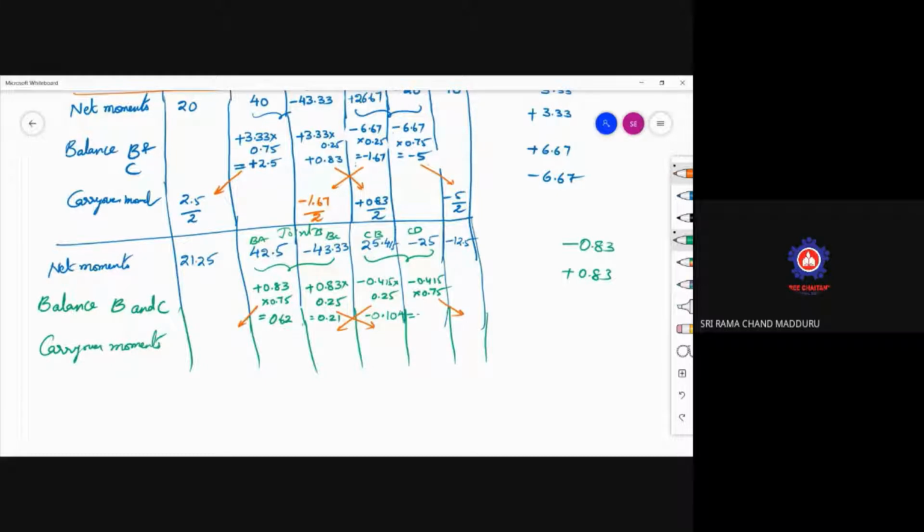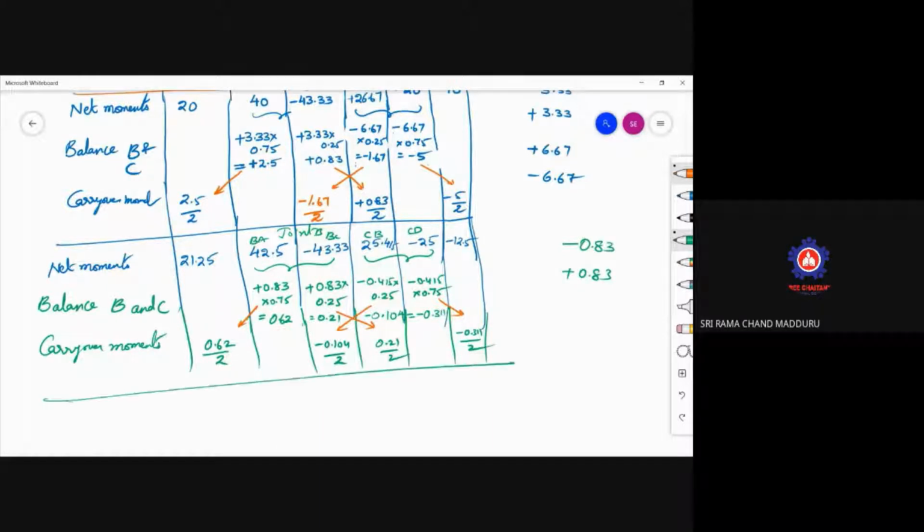This is minus, and the remaining value is 0.311. So they are to be carried over. This is 0.62 by 2, and this is minus 0.104 by 2. This is 0.21 by 2, and this is minus 0.311 by 2.